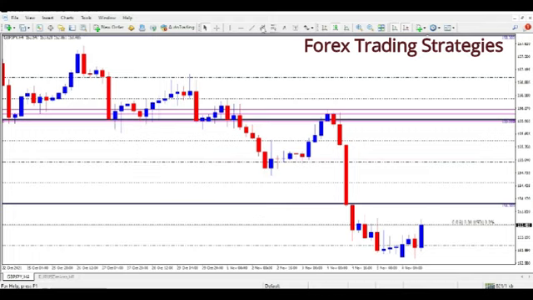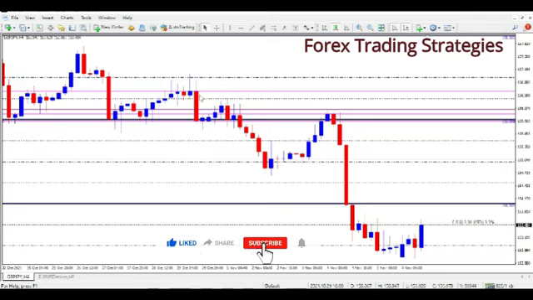Of course, it does this in zones, but when price does this, you can actually make sniper entries. Of course, they are risky, but you can make sniper entries.